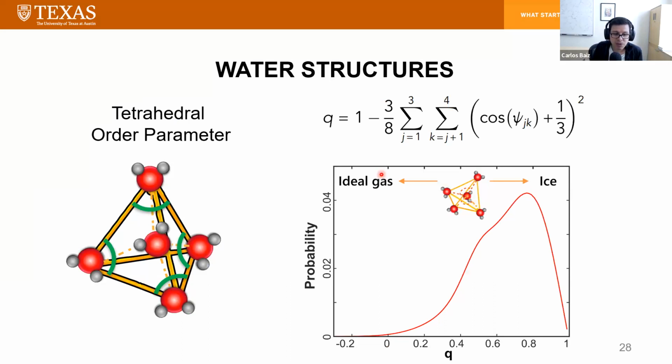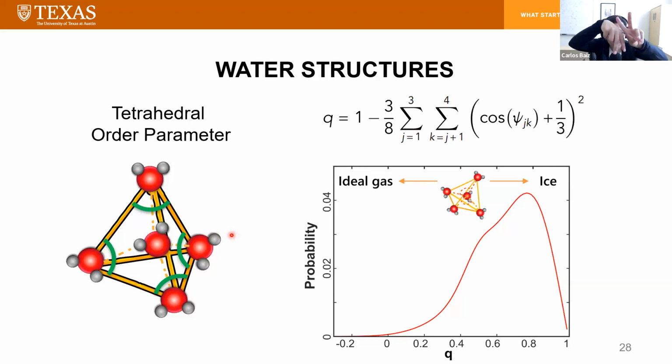There are many ways to describe water, but one of them is using this tetrahedral order parameter. This is widely used in the community, and it is a way to measure how ice-like, in quotes, the structure of liquid water is. Okay, so as you know, water can donate 2 hydrogen bonds and it can accept 2 hydrogen bonds. So it assumes its natural tetrahedral structure.